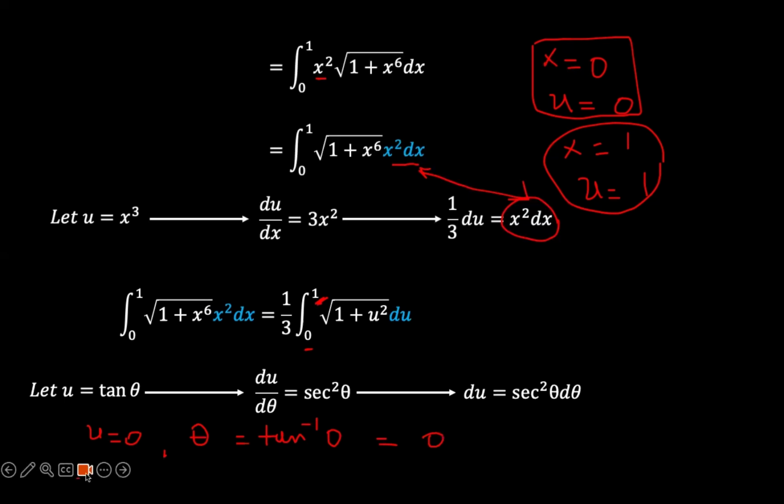Now when u equals 1, theta is equal to arctangent of 1, which is equal to pi over 4. So the lower limit is 0, the upper limit is going to be pi over 4 in the theta domain.